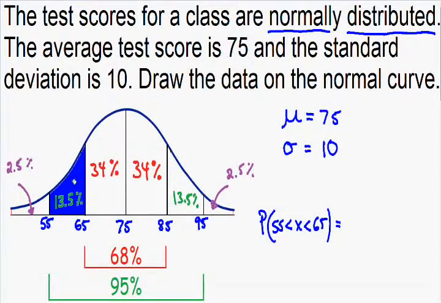The area between 55 and 65 is 13.5% of the total area of the curve. So we know the probability of a student scoring between 55 and 65 is also going to be 13.5%.